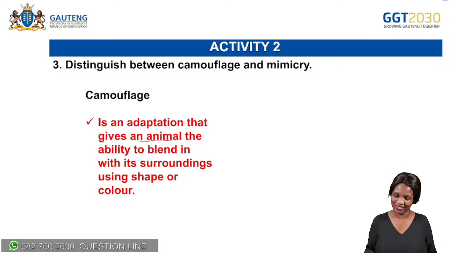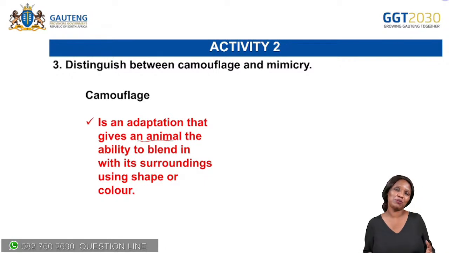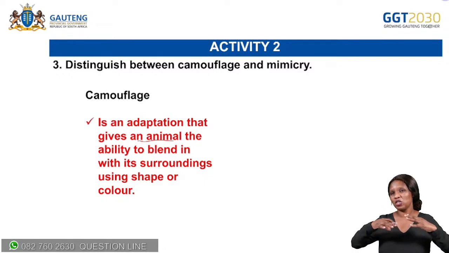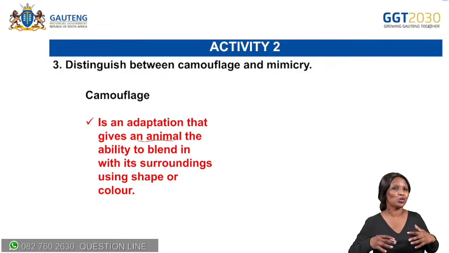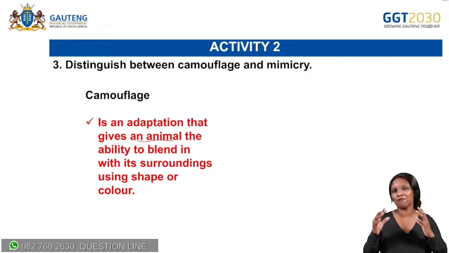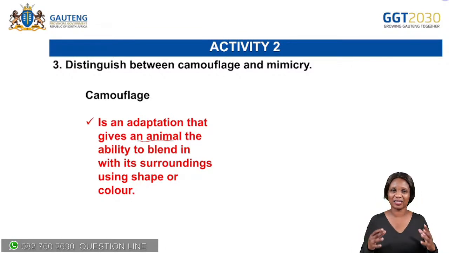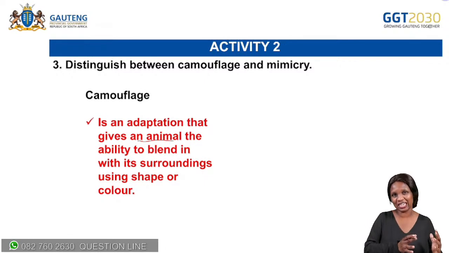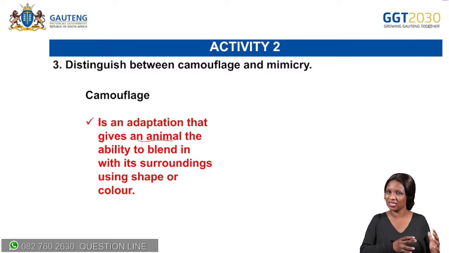Okay. And then let's move on to mimicry. When we're talking about mimicry, we are talking about trickery. We are talking about an animal that fools other animals. For example, let's take a scarlet snake, a very venomous snake, and a milk snake. The milk snake will look exactly like a venomous snake, like a coral snake.